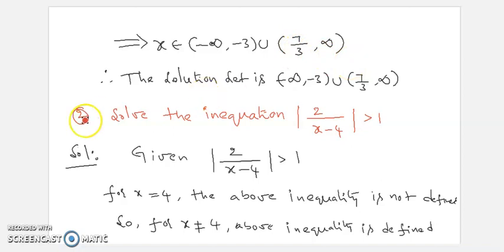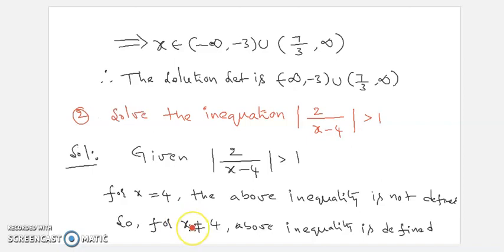And coming to the second problem: solve the inequation modulus of 2 upon x minus 4 greater than 1. So the given problem can be written in the solution. Observe this inequality. This inequality is not defined at x equal to 4. That's why we assume that for x equal to 4 it is not defined.